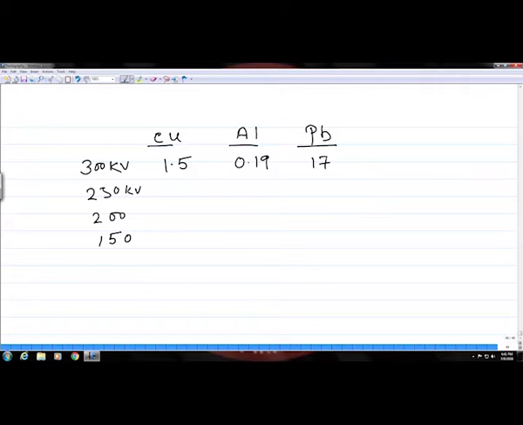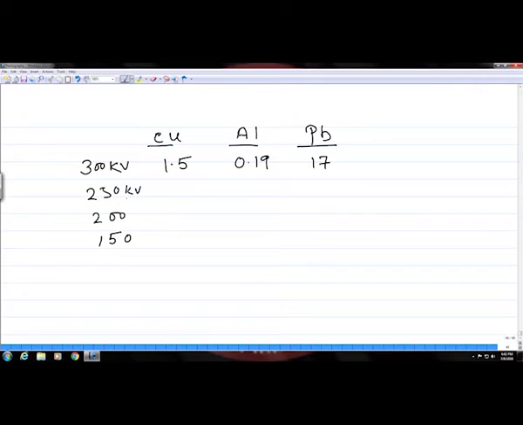So, you could see depending on the material it varies over a wide range. So, let us say for example, if you have 10 centimeter of copper, that will be equivalent to 15 centimeter of steel thickness.